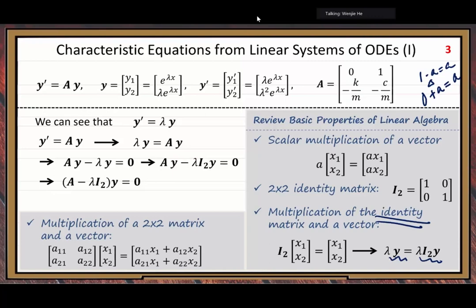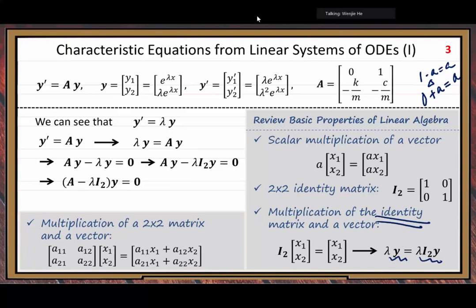Subtraction operation can only be defined between two objects of the same type. 2 by 2 matrix A, 2 by 2 matrix lambda times I2. Then you can do subtraction.